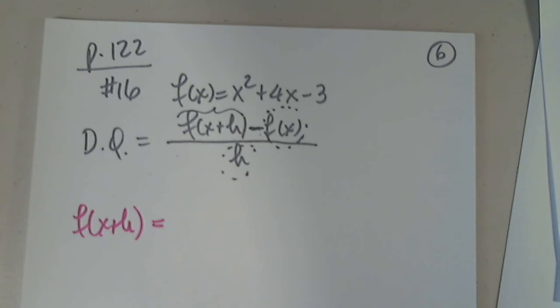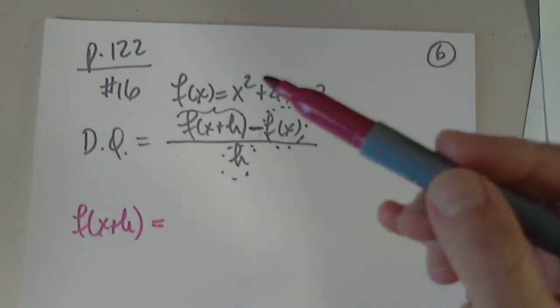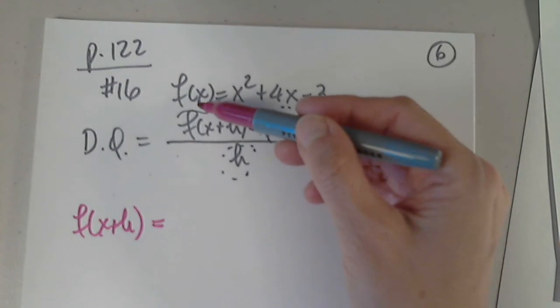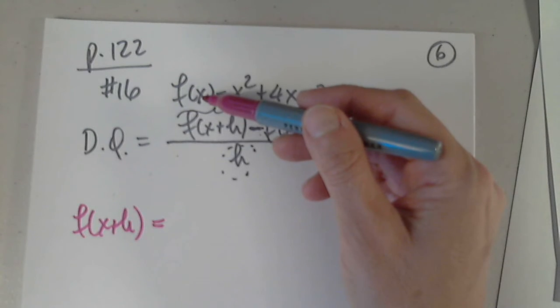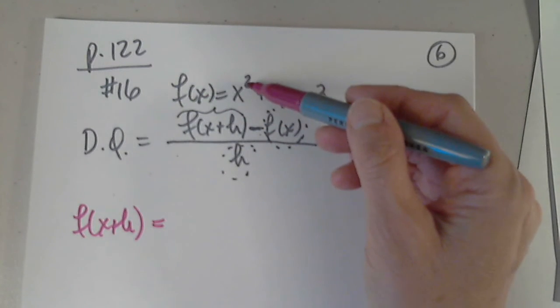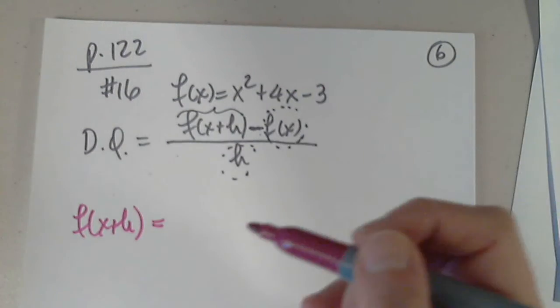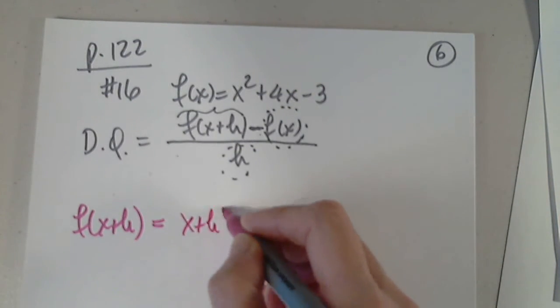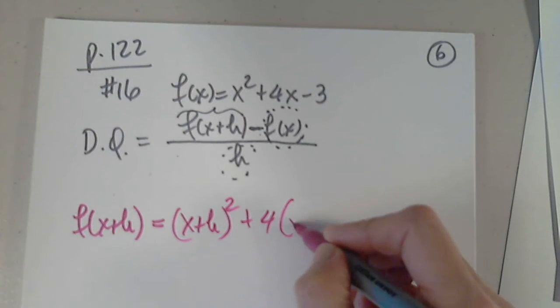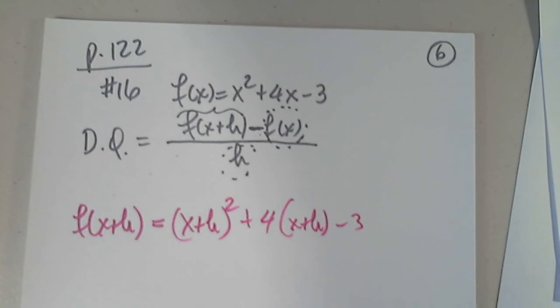Well, the function is telling us that the independent variable has to be squared, and then plus 4 times the independent variable minus 3. So this is x plus h, everything squared, plus 4 times x plus h minus 3.